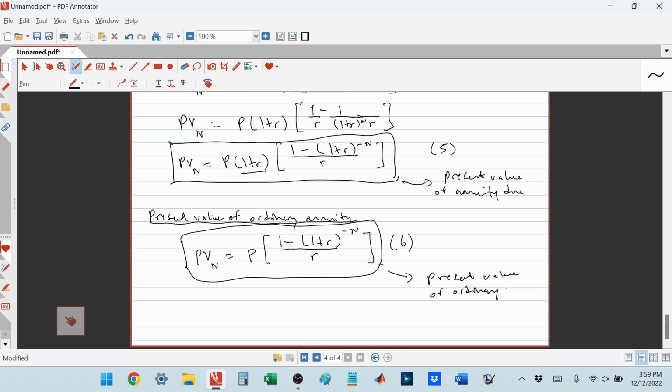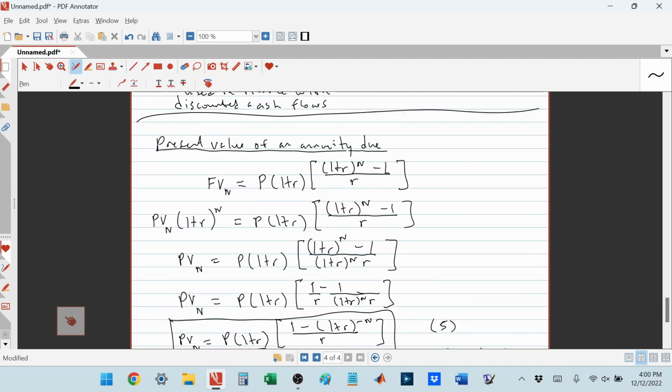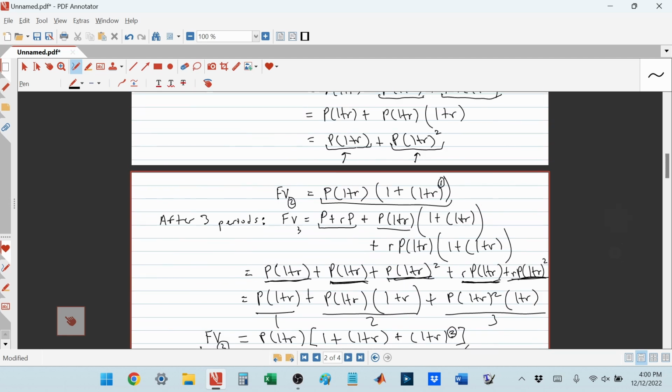You're investing the P in at the end of every period. And so these 6 equations form the basis for everything you will do in time value of money.